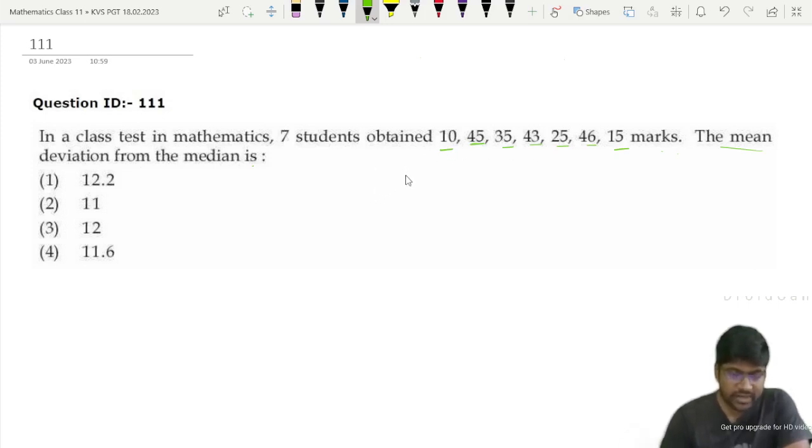For that, we have to arrange this data either in ascending order or in descending order. I will arrange them in ascending order.